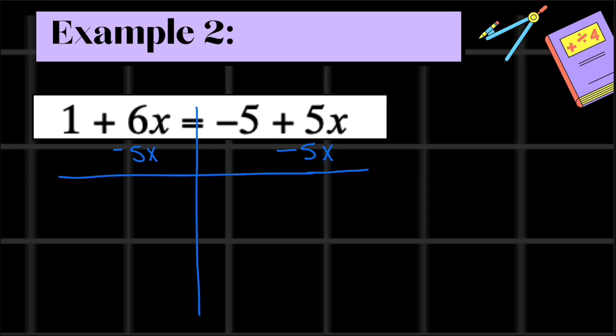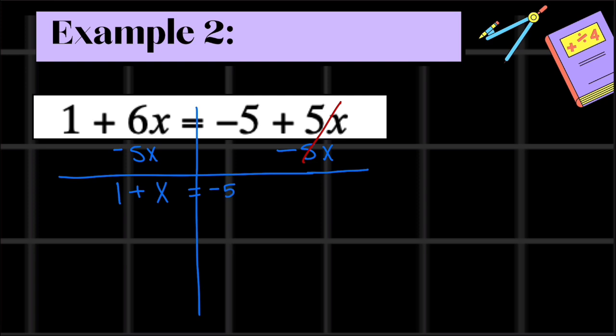So now on the left side I have 1, and then 6x minus 5x is positive 1x. On the right side, all I have is negative 5 because positive 5x minus 5x cancel out.